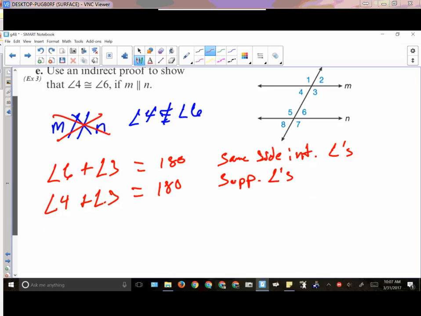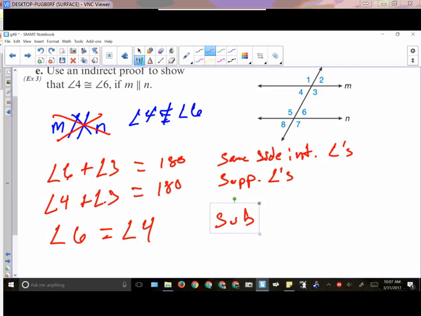So, does that mean that angle 6 is equal to angle 4? Isn't that one by transitivity? Wouldn't that, I shouldn't use transitivity, I should use substitution. Okay. So if I substitute, I can substitute in 6 and 4 and I still get 180 when added to 3, correct?